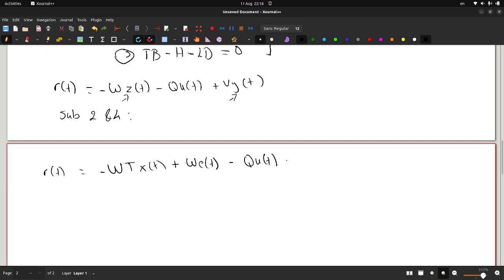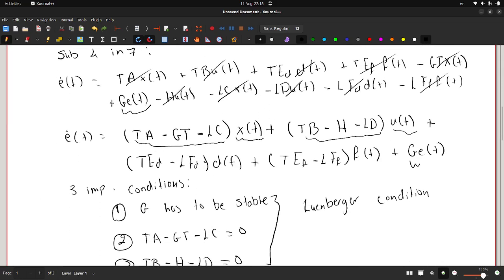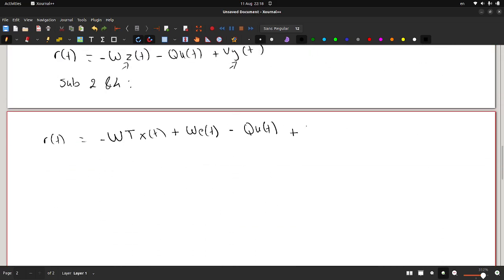Minus Q U of t plus y of t, which was this, so let's substitute it here: plus V C of x of t plus V D u of t plus V E d of d of t plus V F of d times d of t plus V F of f times f of t.